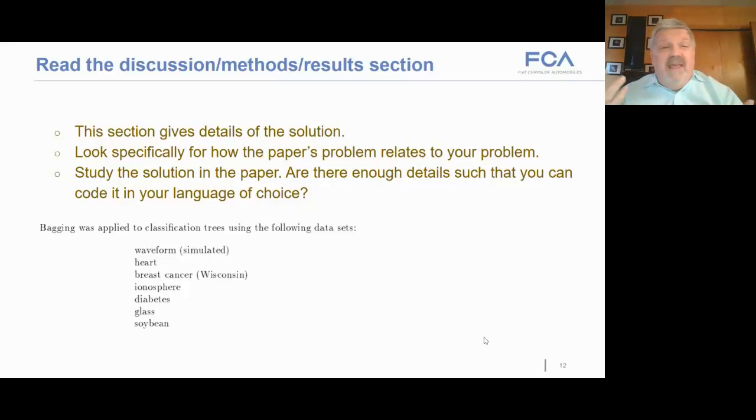Can it be written in the language for the system we're using? Are you using Python or R or many other systems, TensorFlow? Are there enough details so that you can take the solution out of the paper and get it working on your plant floor?